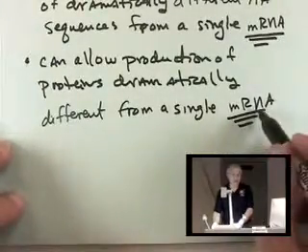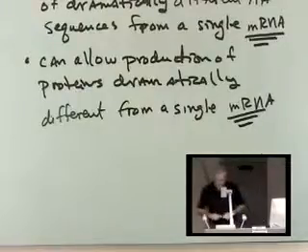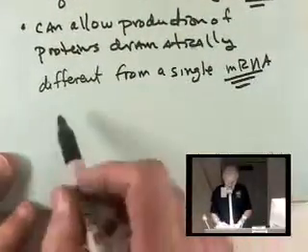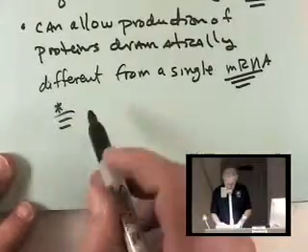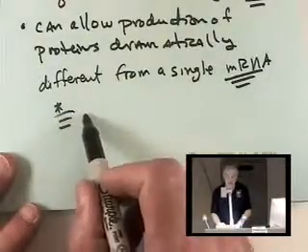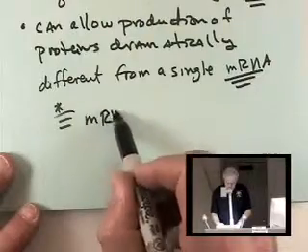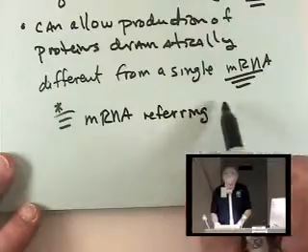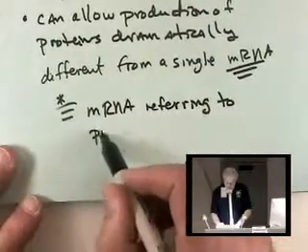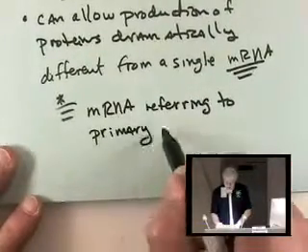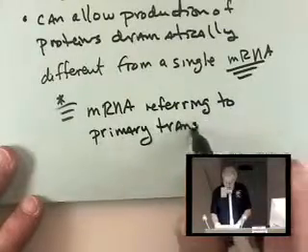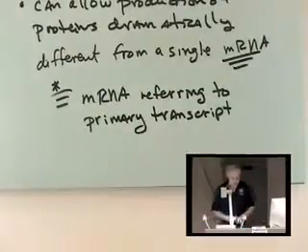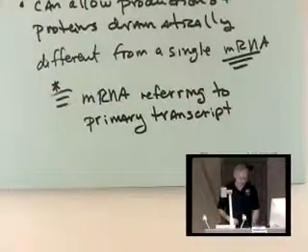So again, we don't appreciate the utilization of that term here because it just isn't correct. So let's just make a little notation, or underlining there, asterisk or whatever. The use of the term mRNA in these statements is referring to primary transcript. So we kind of take things literally to be as accurate as we can be.